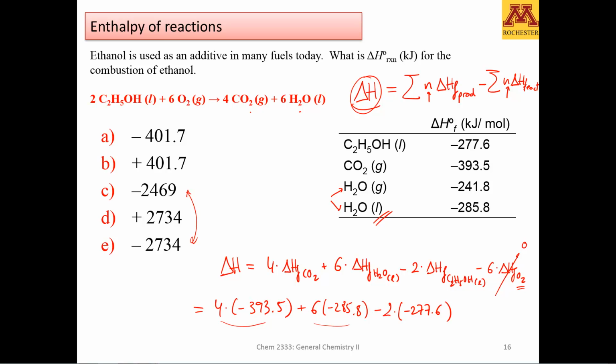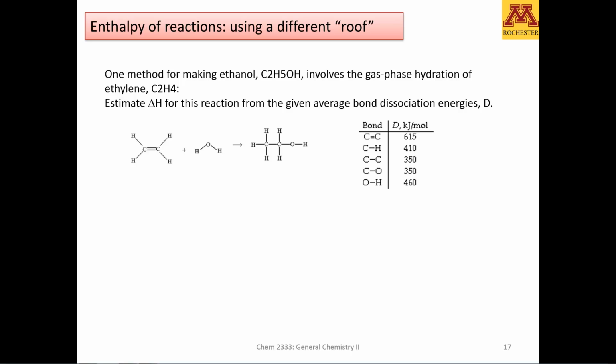Okay. Now let's apply this knowledge to a somewhat different case. In this case, we are being asked to calculate the enthalpy change for this reaction, but notice that now the standard state is a different one. We send the molecules to a different roof, if you will.